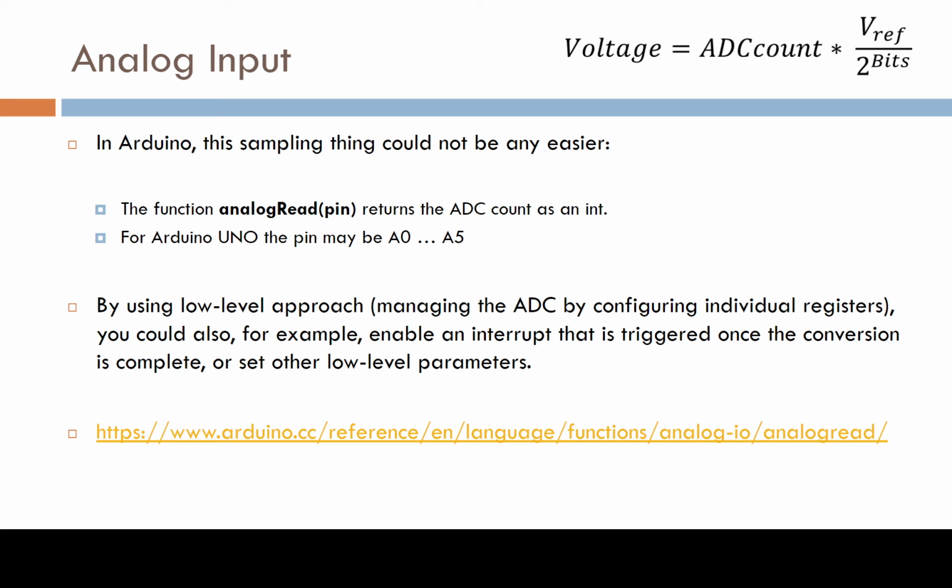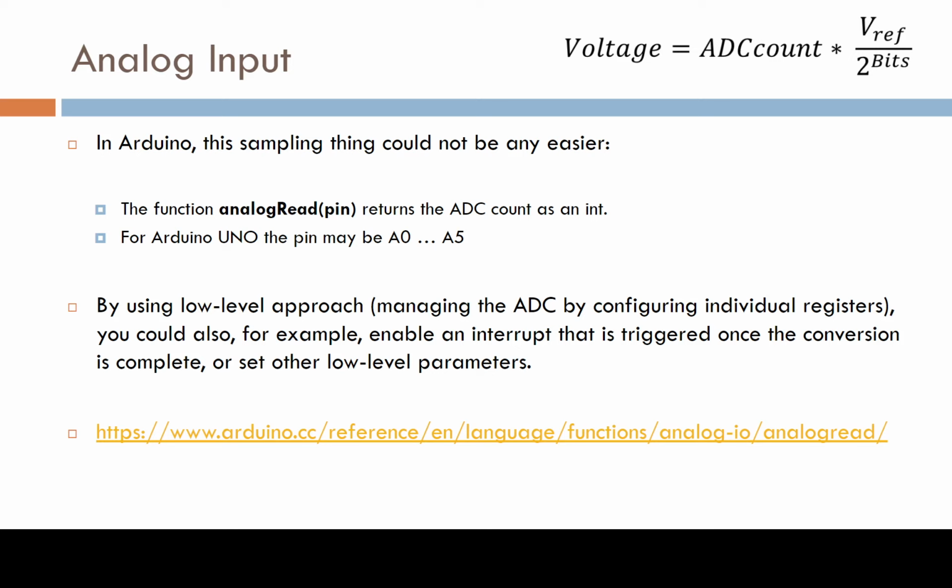Okay, in Arduino everything is easy. It's actually that with Arduino you cannot really do everything. It's a simple, simplified system. But anyways, the sampling is made easy. It cannot get any easier than that. You just read the analog pin value, and it returns the ADC count as an integer.